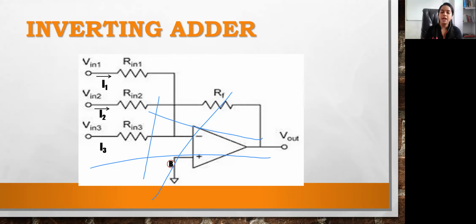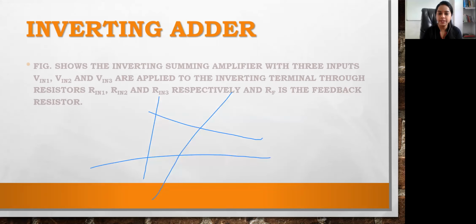The input is applied at the inverting terminal. Three basic voltages are here: V1, V2 and V3. So these three currents are also there: I1, I2 and I3. At this point we will have IB2, and at this point the current IF, which is the feedback current. And at the second terminal we will have IB1. So this is an inverting adder.